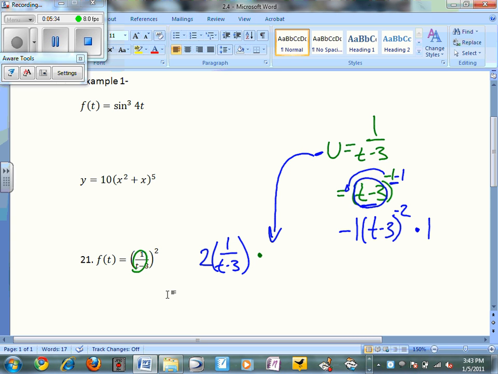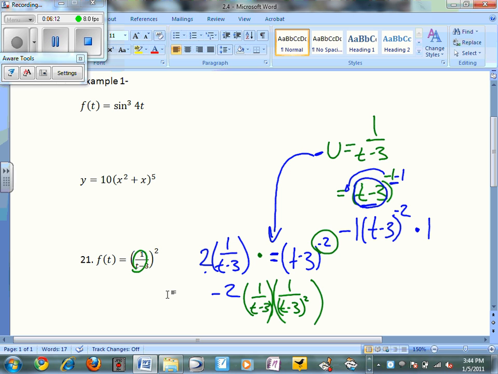All right. So now what I have, I'm multiplying by a negative 2, times t minus 3 to the negative 2 power. Oh, okay. Well, I can simplify this. I can multiply my two constants out here. So I have a negative 2 up top. This negative 2 power means that we can flip this to the bottom, making it a positive 2.